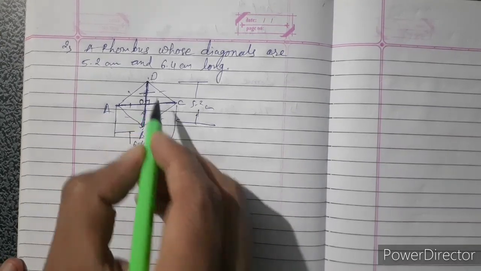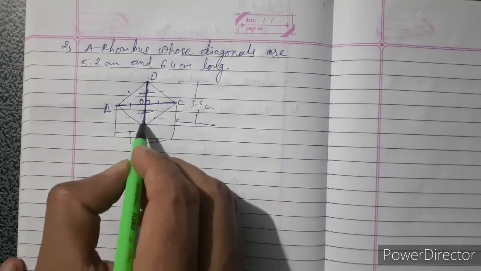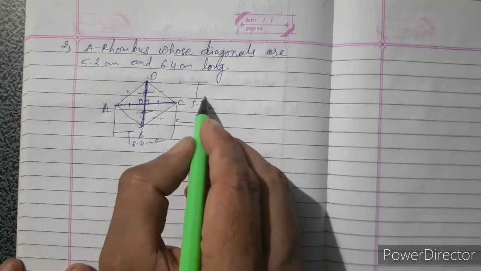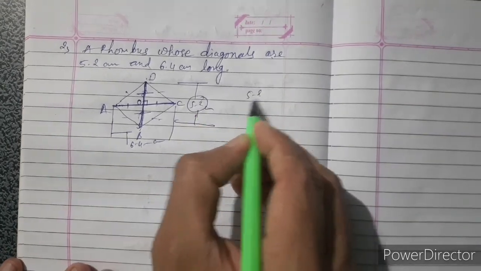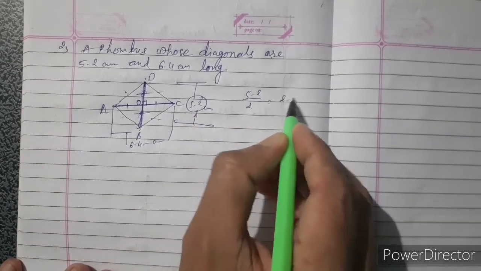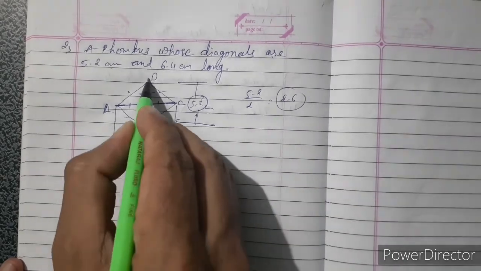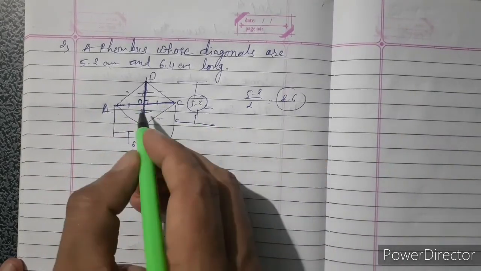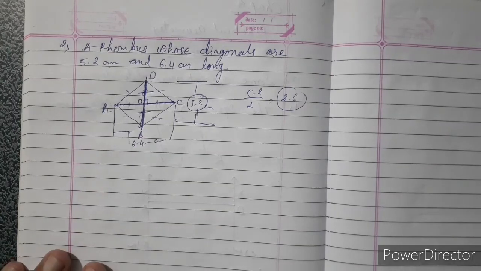The measurement is 5.2 divided by 2, that is 2.6. So OD is 2.6 and OB is also 2.6.